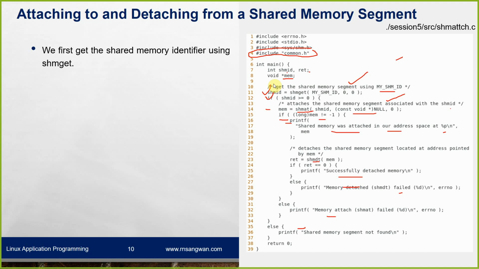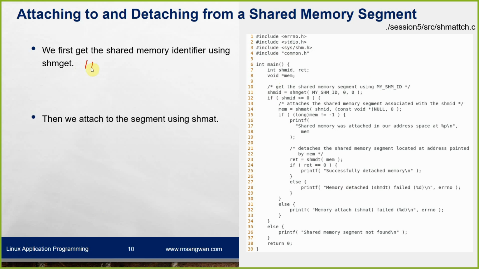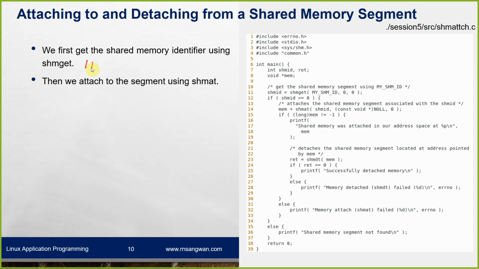We first get the shared memory identifier using shmget, that is line number 11. Take note of this, line number 11. Then we attach the segment using shmat, which we are doing in line number 14.